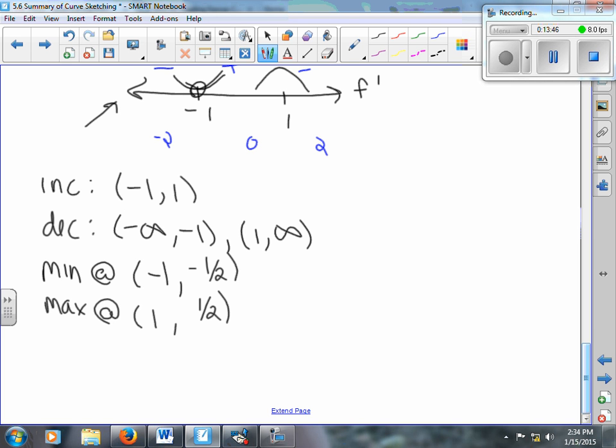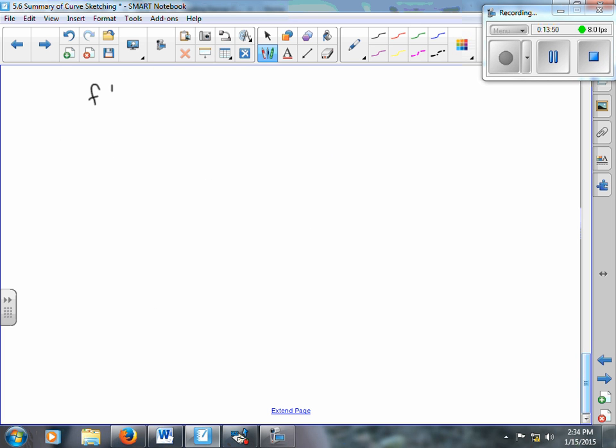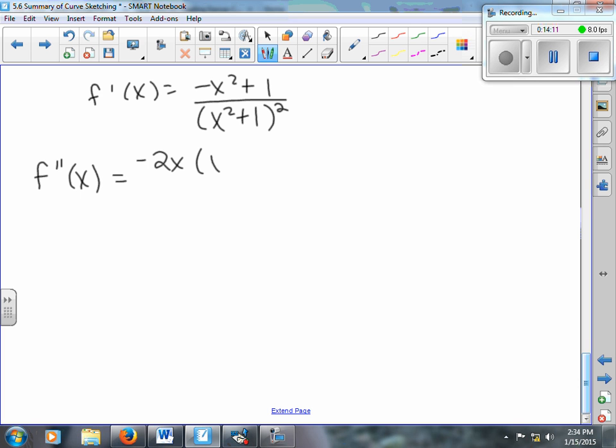Okay, now let's work in our second derivative. Whew. So my first derivative was negative x squared plus 1 over x squared plus 1 quantity squared. I'm going to do the derivative of this to obtain my second derivative. I get to use the quotient rule again. The derivative of the top is negative 2x. Keep the bottom the same.